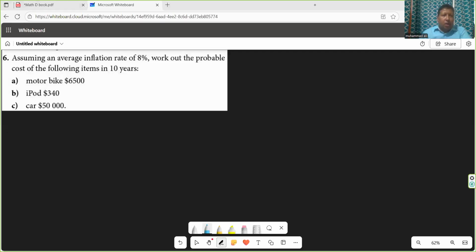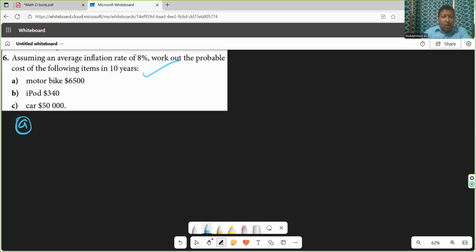Number 6. Assuming an average inflation rate of 8%, work out the probable cost of the following items in 10 years. Number A, motorbike, $6,500; iPod, $340; and car, $50,000.